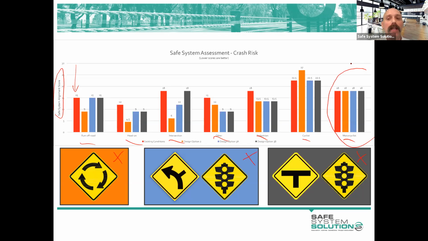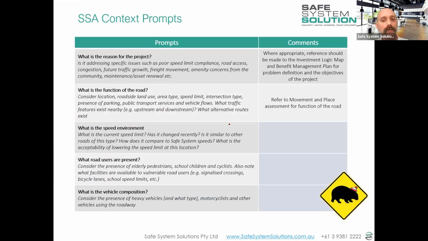Motorcyclists seem not to be getting much benefit at all from any of these, which is interesting. We see, though, that cyclists are actually going the wrong way on the roundabout. We're seeing a lot of improvement in everything. And you can get a total score, or you can break it up this way. I'll come back to that after I show you how you get to that end.